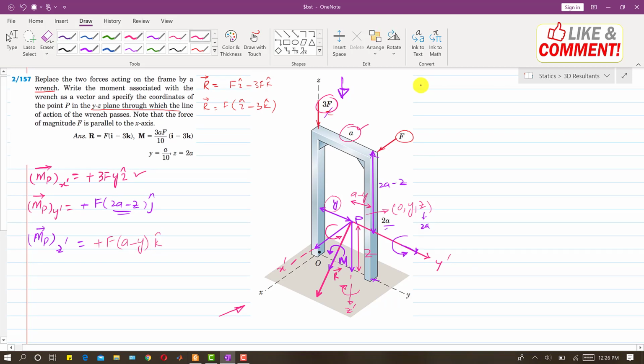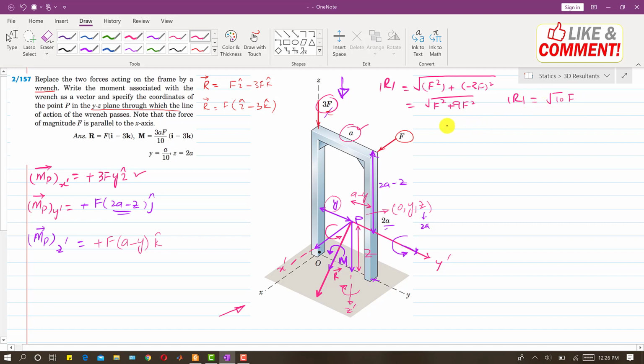Now if I find the resultant magnitude, it will be the square root of F squared plus (minus 3F) whole squared, so the square root of F squared plus 9F squared, which is equal to root 10 F. So this is the magnitude of the resultant.